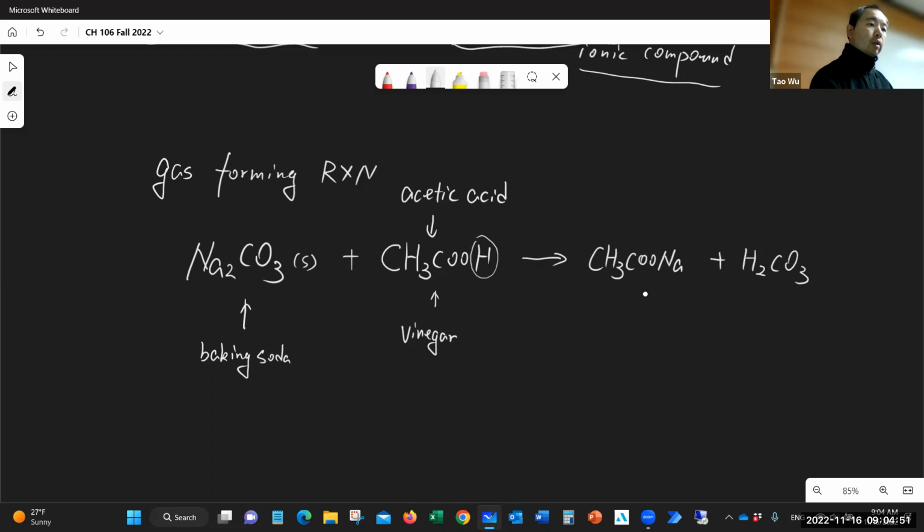So this is sodium acetate, and this is carbonic acid.